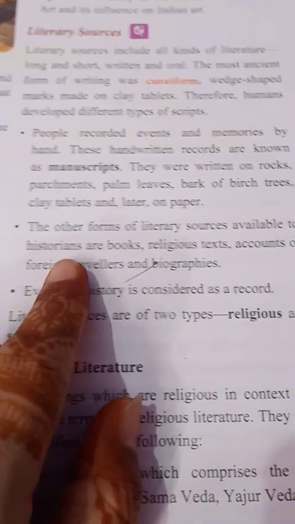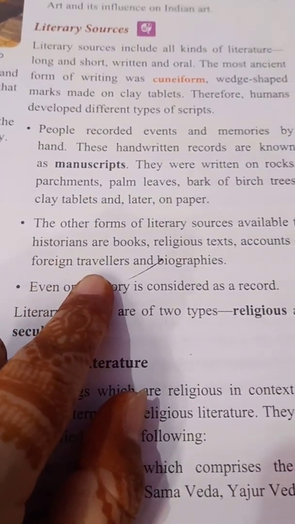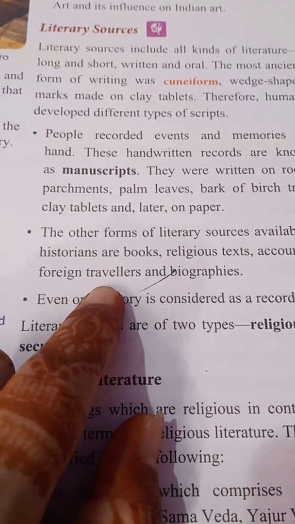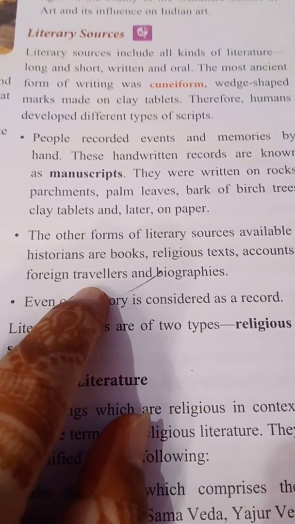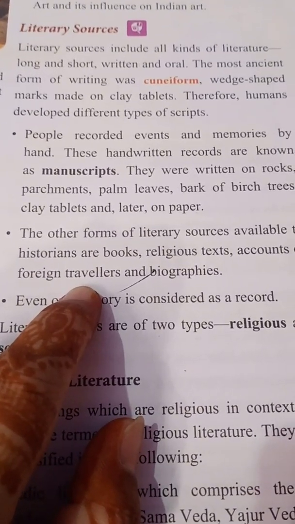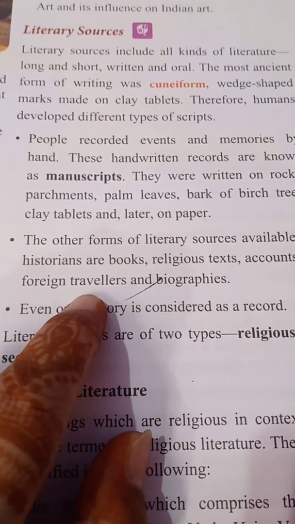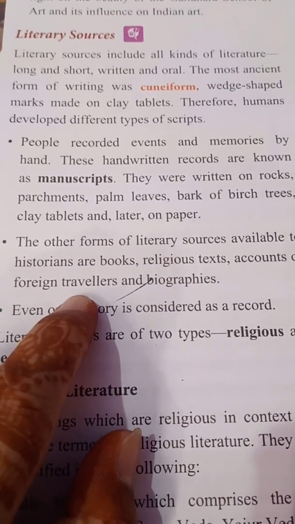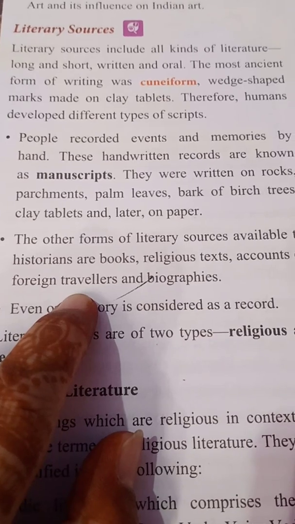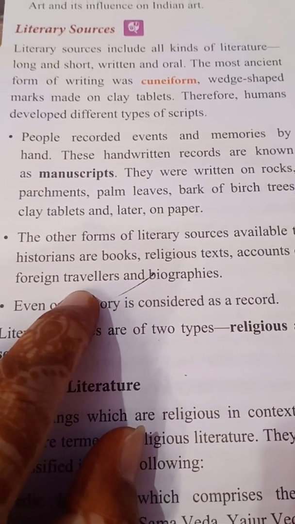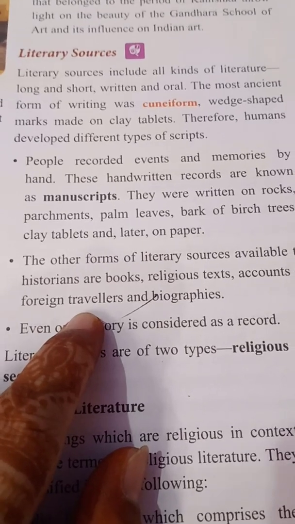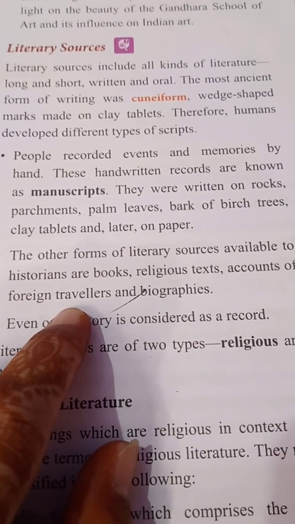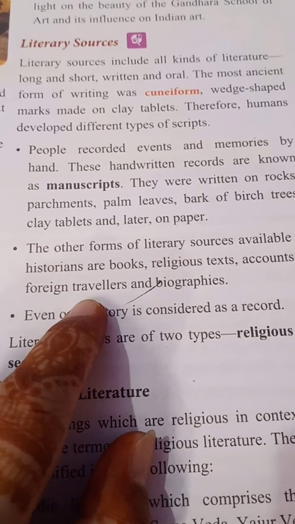And accounts of foreign travelers: when a traveler came to India, whatever they saw here, they wrote in a book. Like Faxian, a Chinese traveler who came to India and noticed many things, so he wrote a book about that, known as an account of foreign travelers.